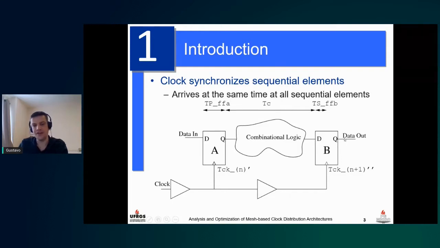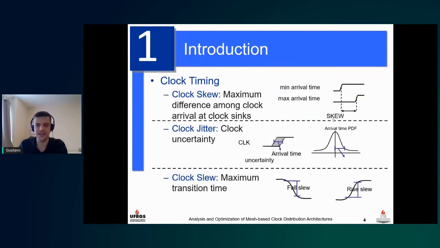So we need to define the clock period carefully so that it accounts for propagation times through the sequential elements, the propagation time through combinational logic, and setup time for the sequential element that's going to store the data. Besides that, we also need to consider the fact that the clock is not an ideal circuit. It may present clock skew, and the clock skew also has to be considered when defining the clock period.